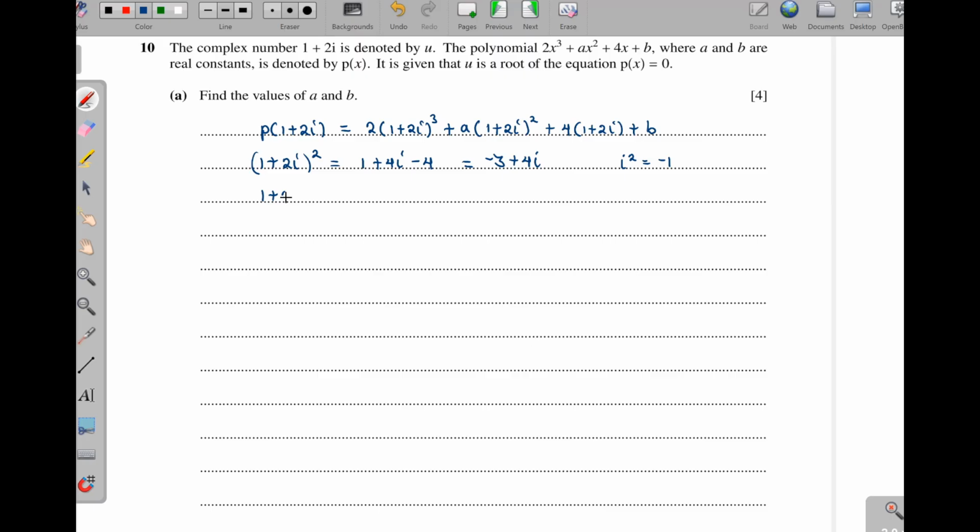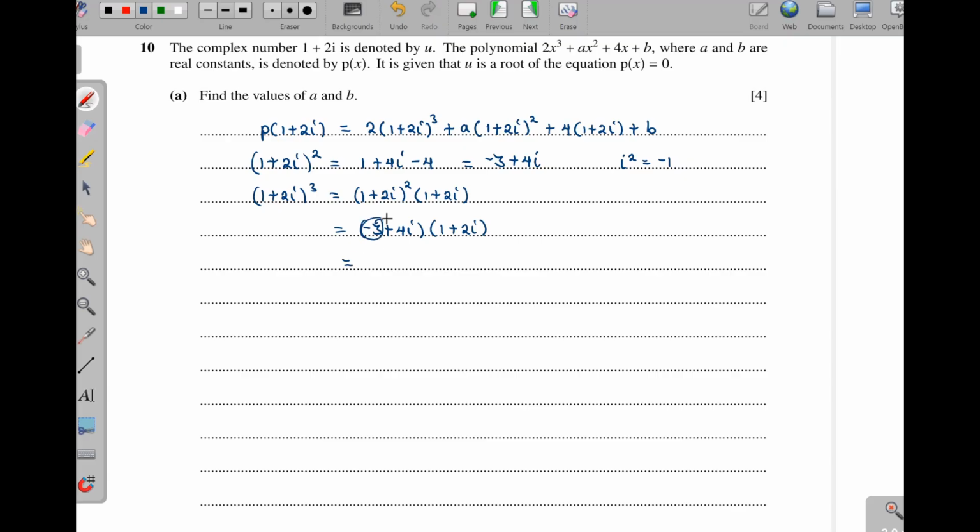Then (1 plus 2i) cubed is the same as (1 plus 2i) squared times (1 plus 2i), using rules of indices. We already have it as negative 3 plus 4i, times 1 plus 2i. Whatever is in the first bracket has to multiply with whatever is in the second bracket.